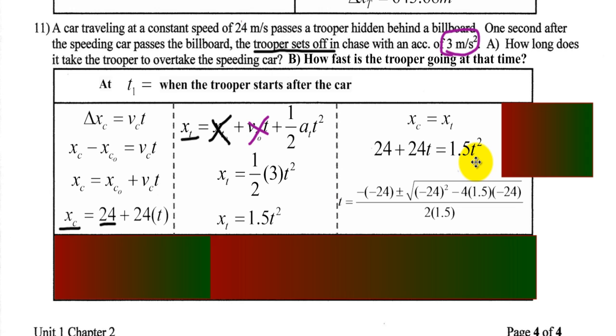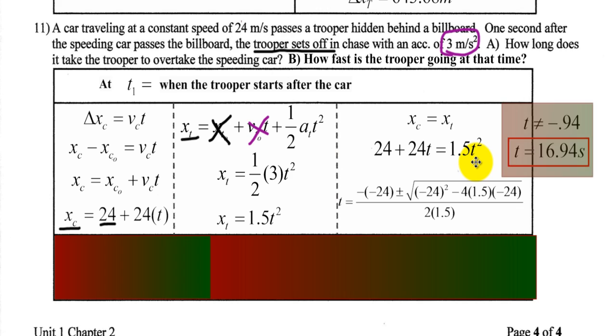Plug in all your values, right? So we're at 1.5. We move the 24t over, so we get negative 24t, so that's why you've got these negative 24s in here. We would take this 24 and add it over. That would be another negative 24, and that is this negative 24, right? Because it's negative b plus or minus the square root of b squared minus 4ac over 2a.